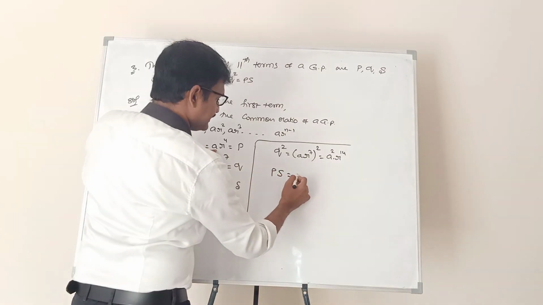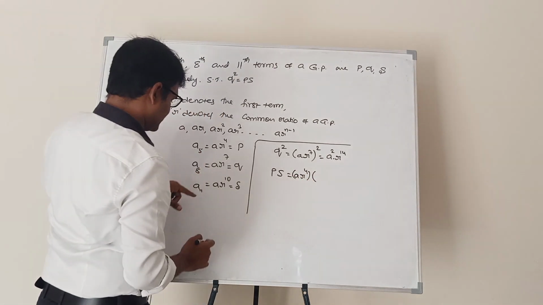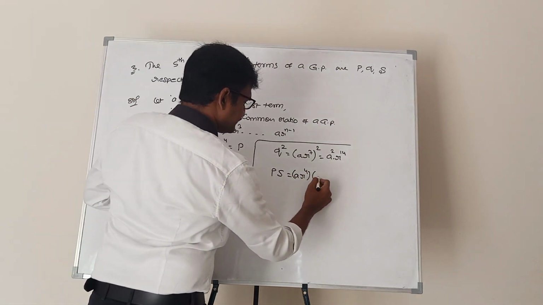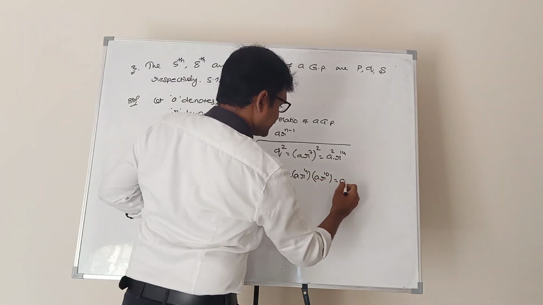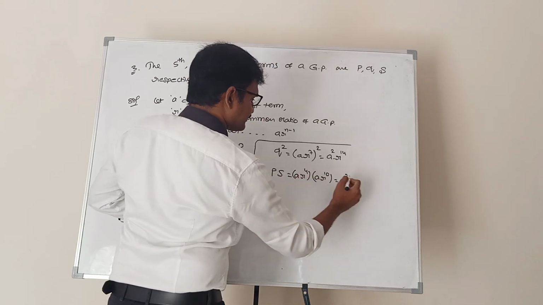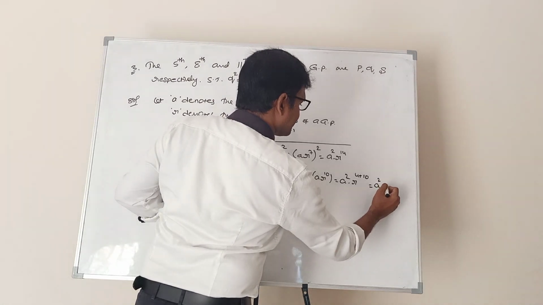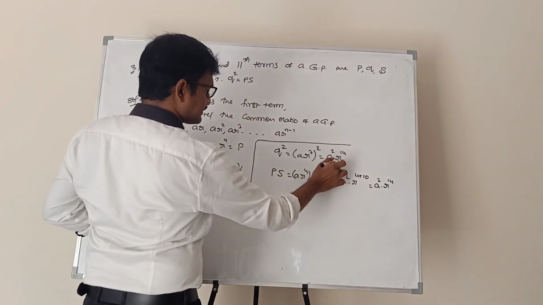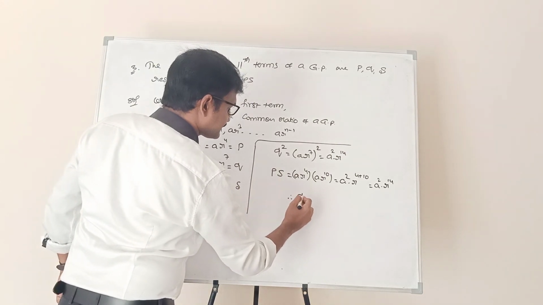P is A into R power 4, into S. S is A into R power 10. A into A is A square. R bases are equal, so add the powers, 4 plus 10. A square into R power 14. So A square into R power 14 equals A square into R power 14. Therefore, Q square is equal to PS.